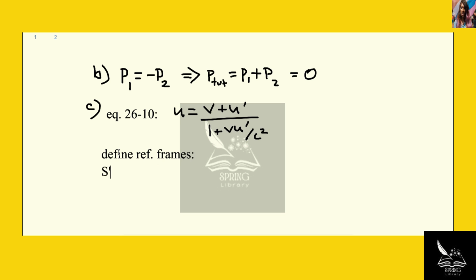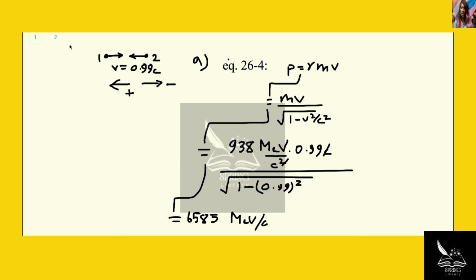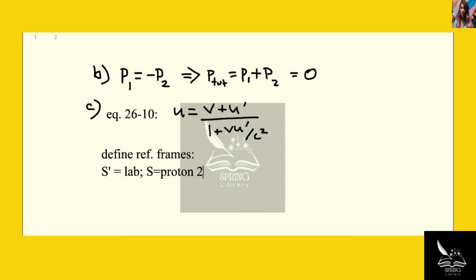And so the reference frames we will choose here is S prime is the reference frame of the lab, which is a frame at rest. S will be the reference frame of proton 2. So this one over here. And this means that v will be the velocity of the lab with respect to proton 1.